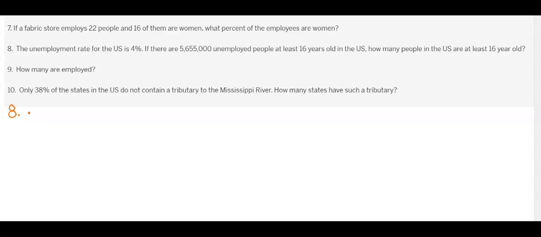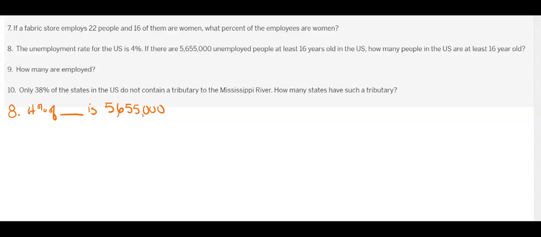Well, I'm going to go to my original formula and I'm going to say 4% of, I don't know what my of is, is 5,655,000 people.